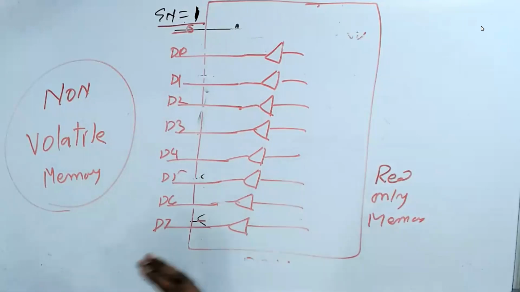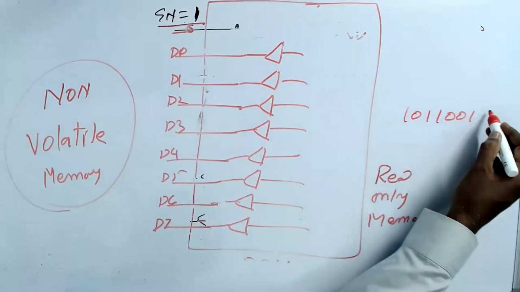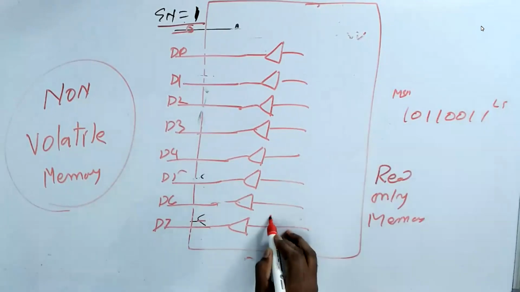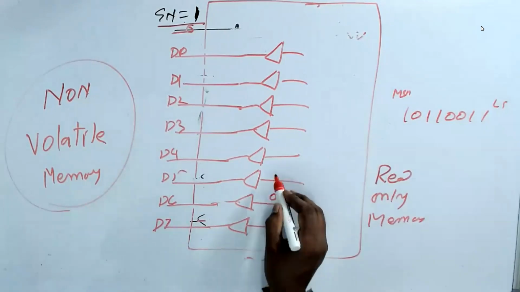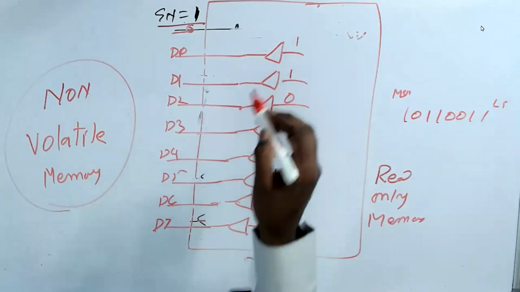The beauty is you can decide what data you want. Oh, I want to store 10110001. This is MSB. This is LSB. So you want this to be 1, this to be 0, this to be 1, 1, 0, 0, 0, 1 you want to store.